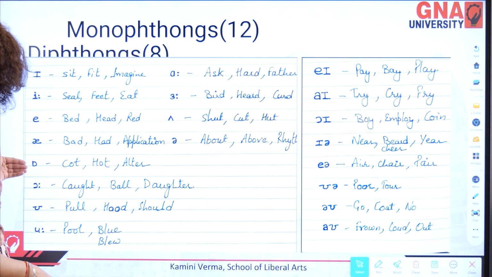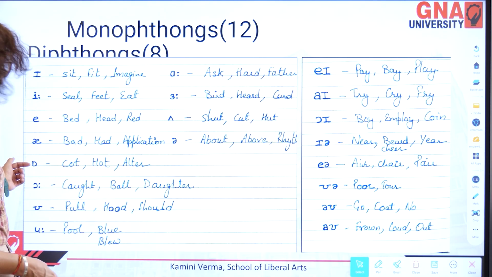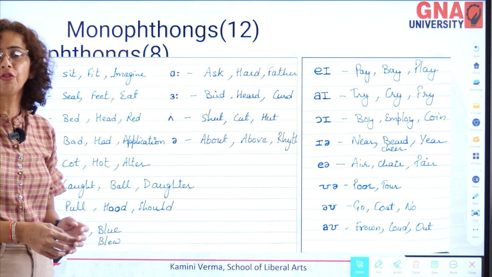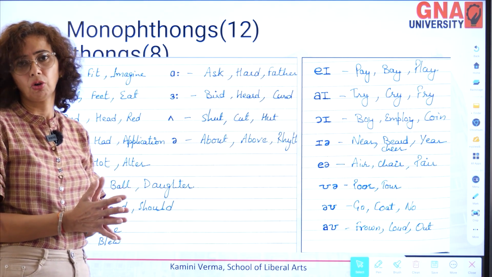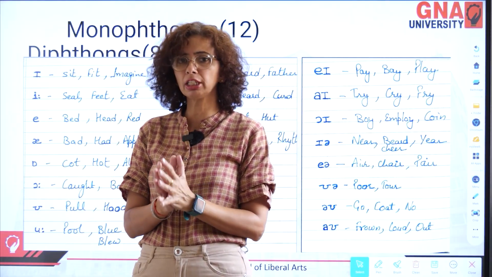Moving ahead with the next one, the O sounds of English. One O is the unstressed and the other is the stressed one. Whenever we talk of unstressed and stressed O, we need to understand the examples when producing these sounds.